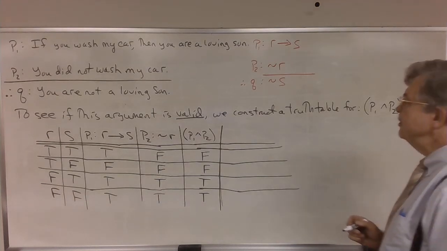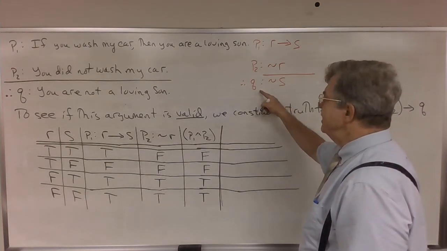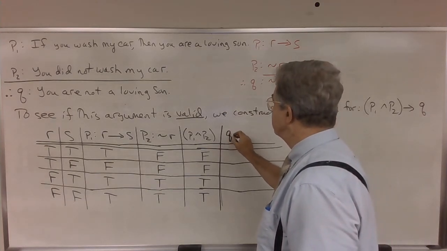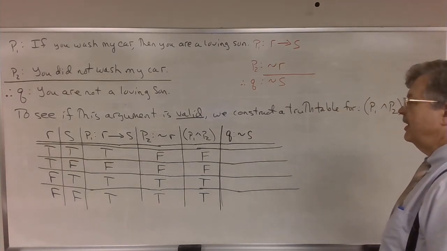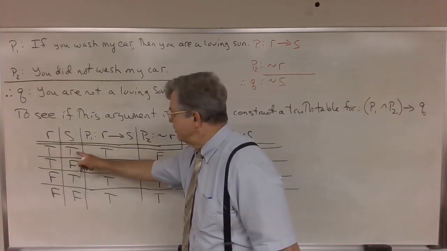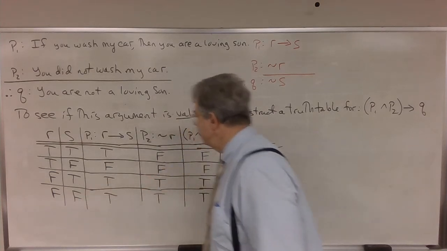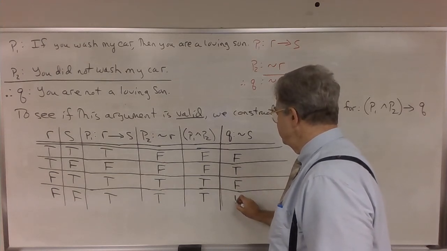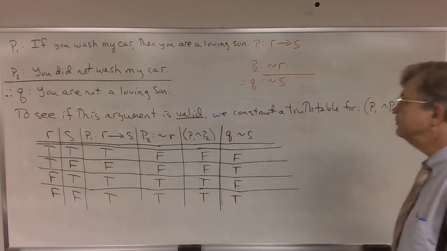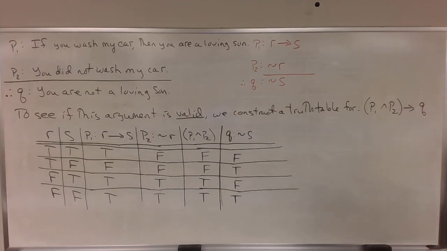Now I need Q. Q is the negation of S. So I just take the truth values for S, true, false, and I switch them. I have false, true, false, true.